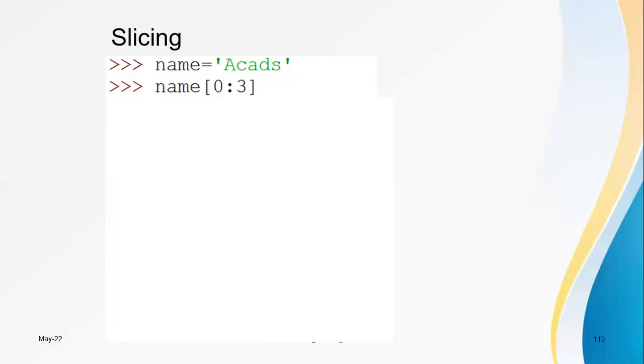Zero is A, 1 is C, 2 is again A. So 3 will not be included here. So the answer is ACA.